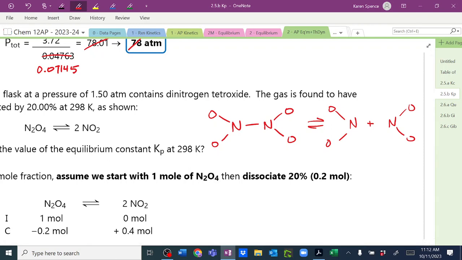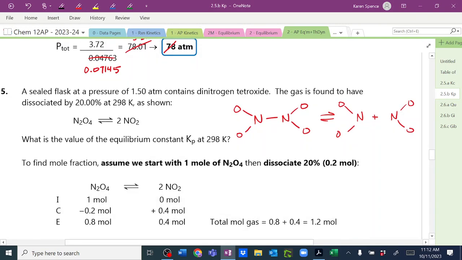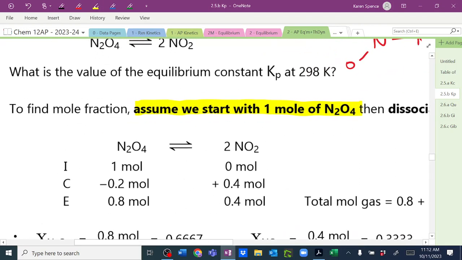And if it is 20% dissociated, you'll notice here that we aren't given any moles in this question. It is usually easiest if you are not given moles to assume you start with 1 mole because it's easy to find a percent of 1. 20% of 1 is 0.2. So you're like, oh, okay. So I know that out of my 1 mole, 0.2 moles was dissociated. 0.2 of it came apart. Yes?